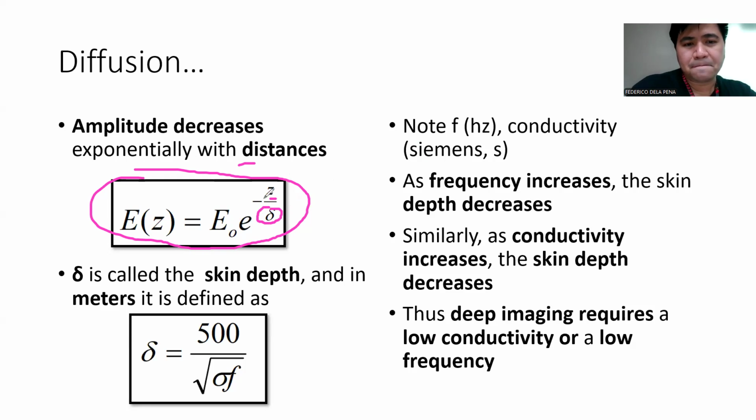Of course, you lose signal over distance due to the spreading of your waves, your geometric spreading. You also lose signals due to the conductivity of your subsurface. And that is described by the parameter called skin depth, or delta, small caps delta.